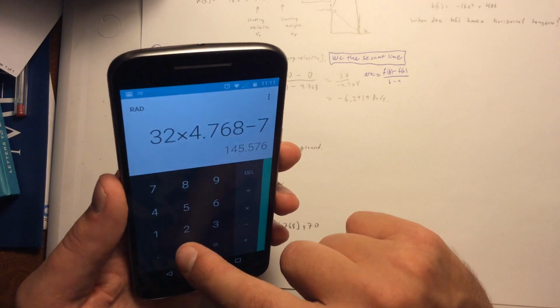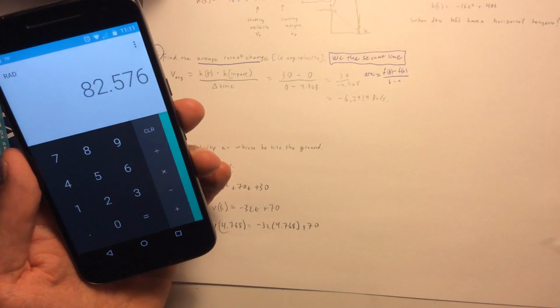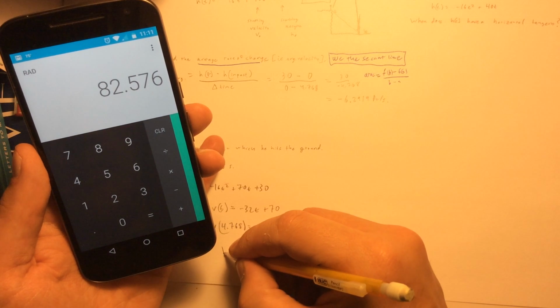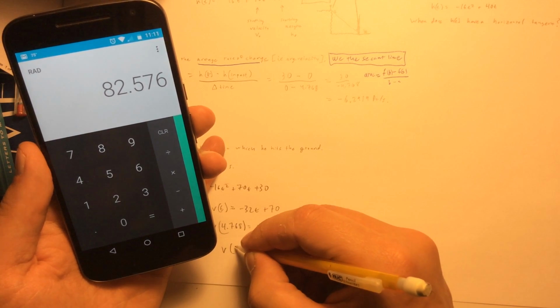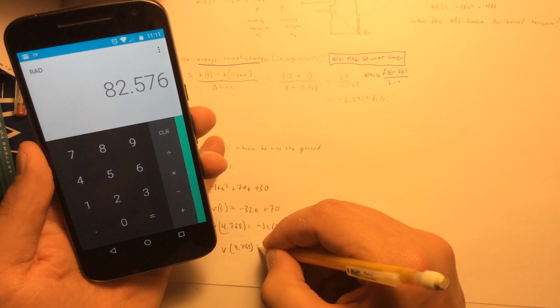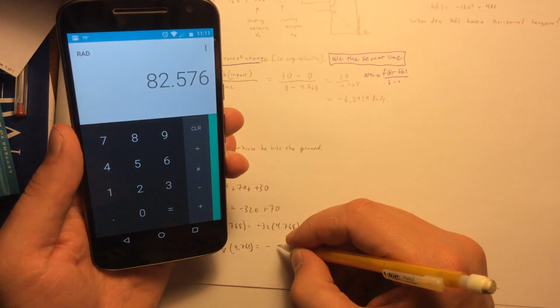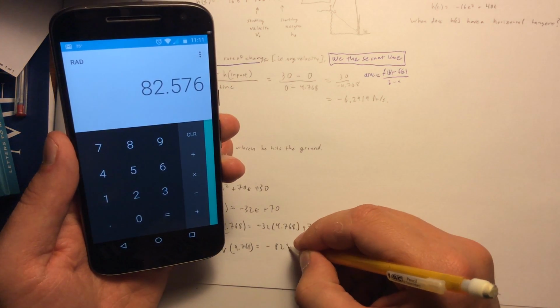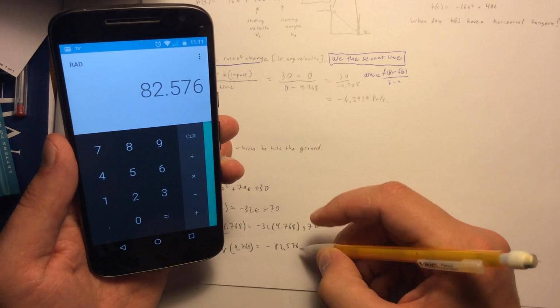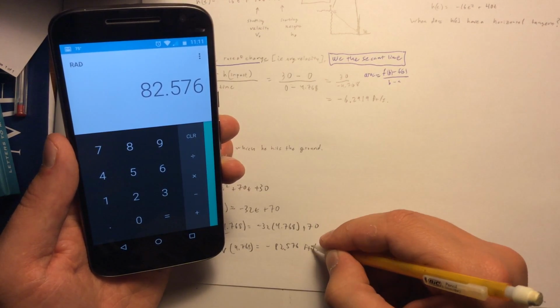Subtract 70 from it. He was going a blistering negative 82.576 feet per second.